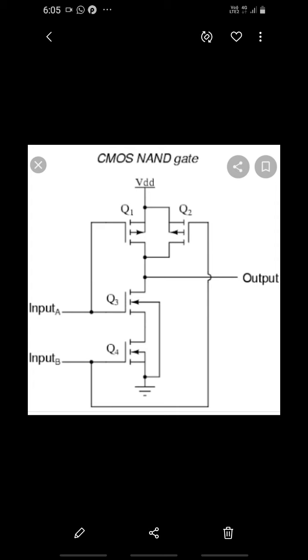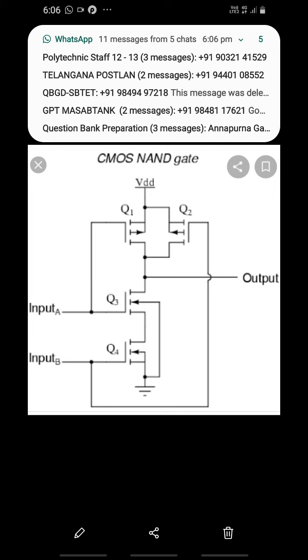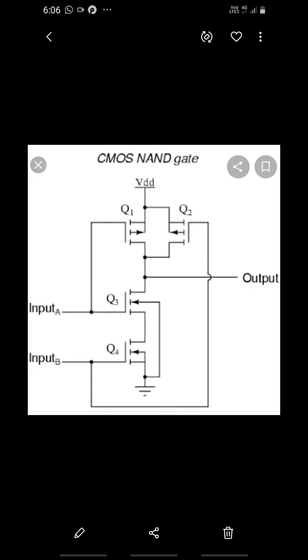Here the MOSFET is used in the circuit, so it can act as a switch. At any low input, it turns on its corresponding P channel MOSFET and turns off its corresponding N channel MOSFET, and at any high level it is vice versa.